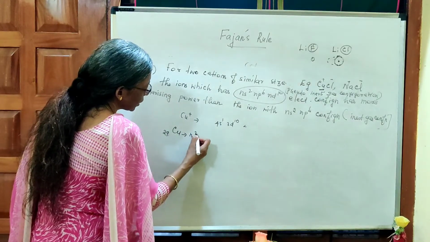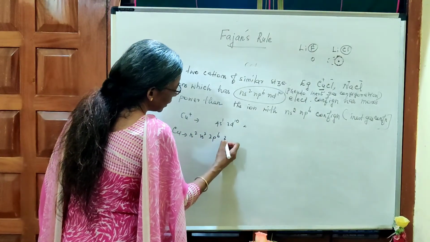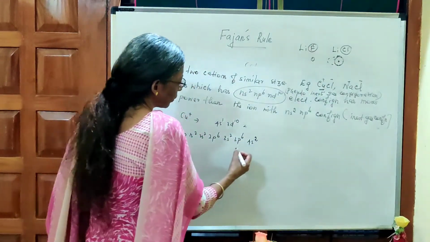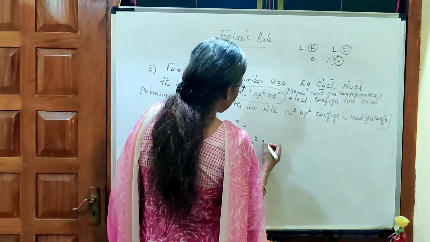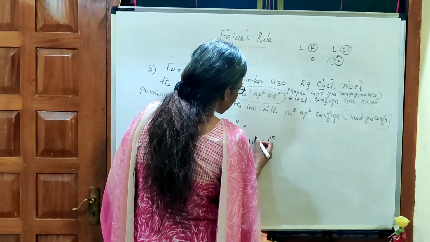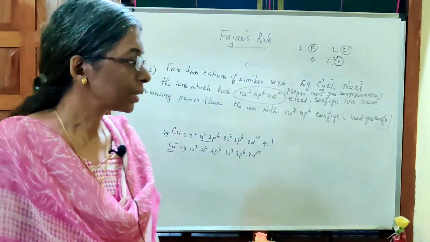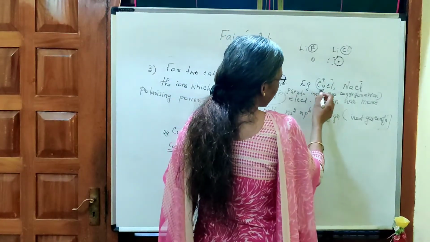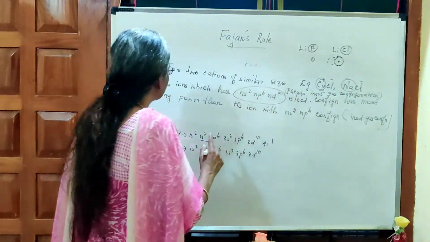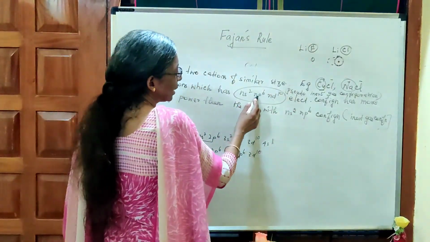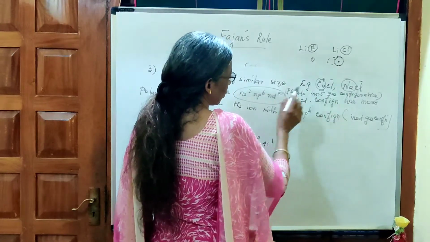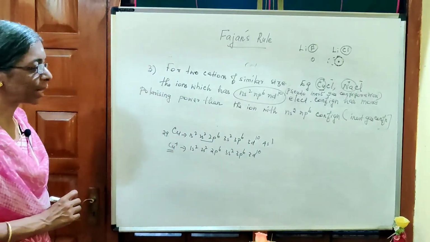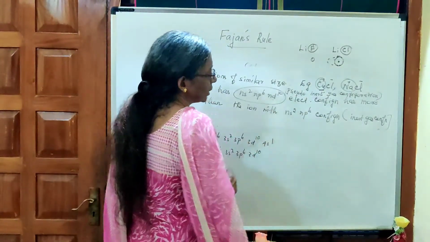So 1s2, 2s2, 2p6, 3s2, 3p6, 4s1, 3d10. Okay, see here, for cations of similar size, the ions which have ns2, np6, nd10, that means pseudo inert gas configuration, have more polarizing power than the ion with ns2, np6 configuration.